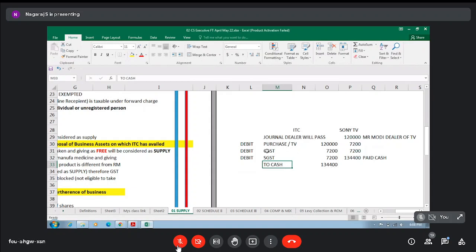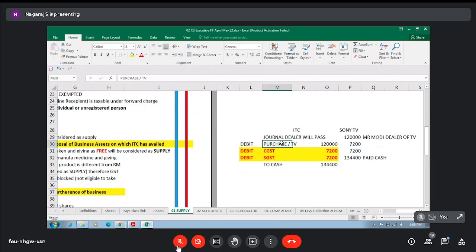Whatever you have debited, CGST, SGST, this is called ITC. ITC means input tax credit.